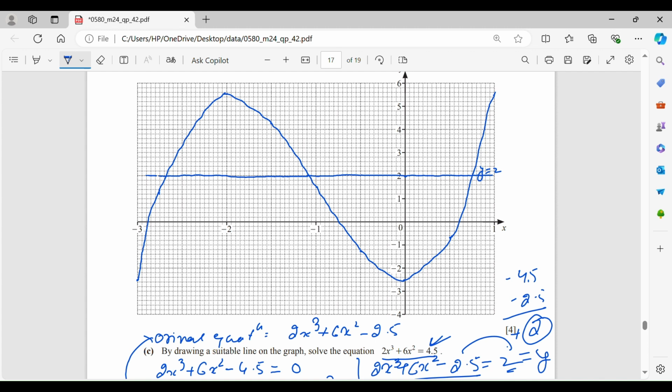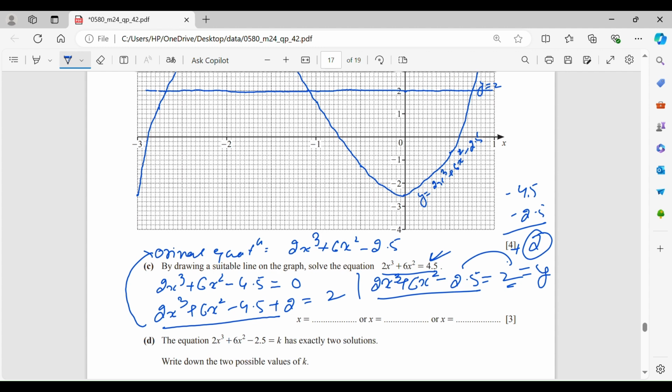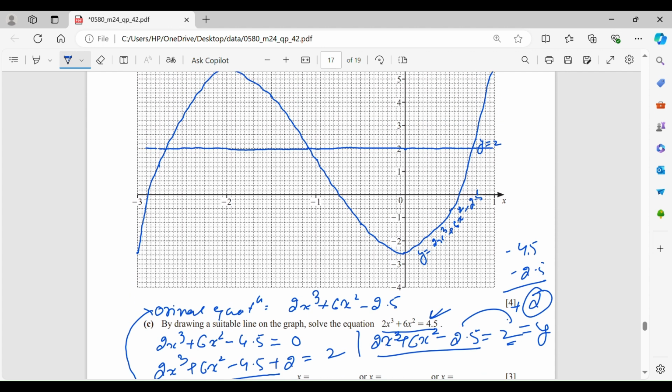And this is 2x cube plus 6x square minus 2.5, right? This is y equal to 2, and this is y equal to this curve. Now we have to solve for x, so we have to find x. These are the x coordinates, this point and this point. Let me change the color of my pen so that you can understand better.